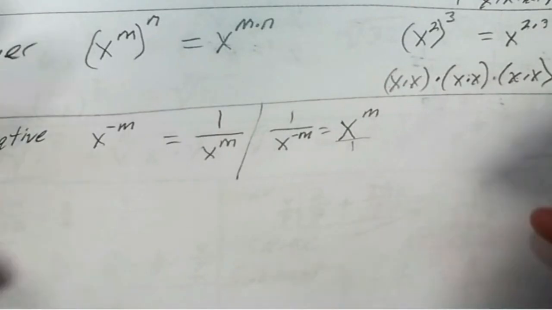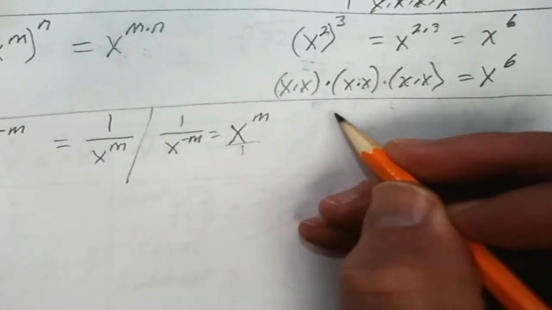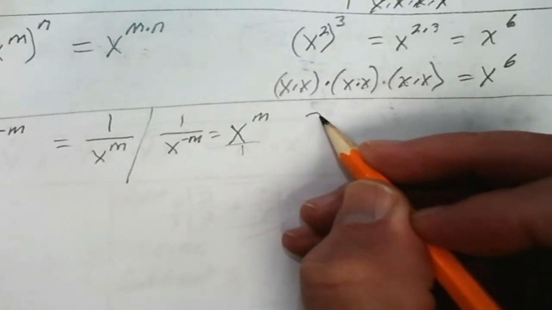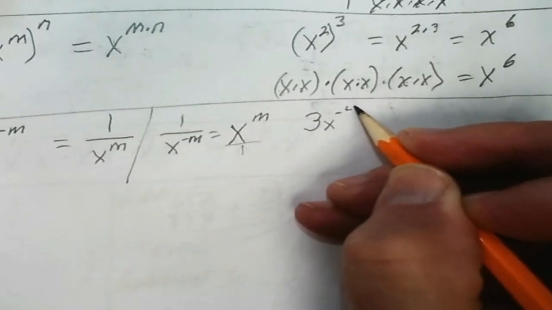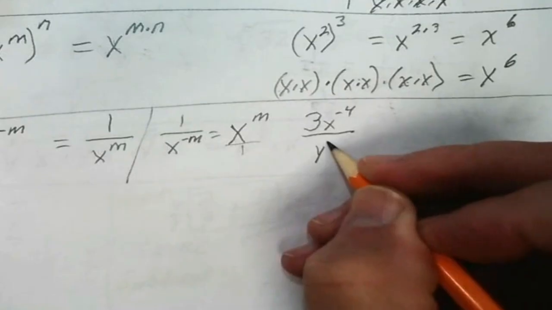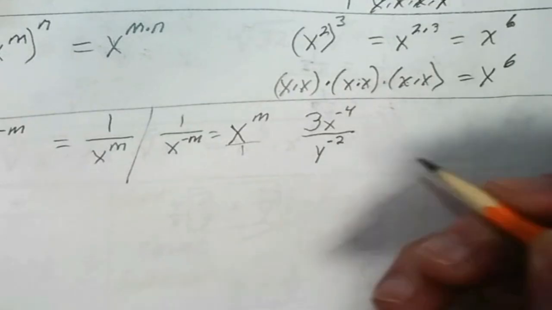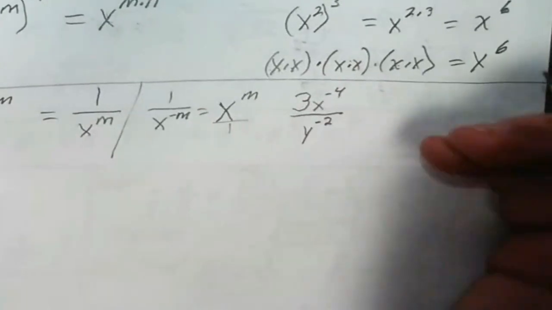So if we want to pull in an actual example, let's make it kind of complex. If we have 3x to the negative 4th power over y to the negative 2 power, see, we have a negative exponent on top and bottom.